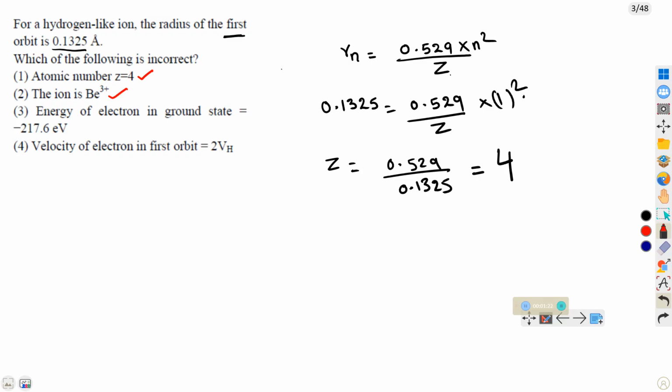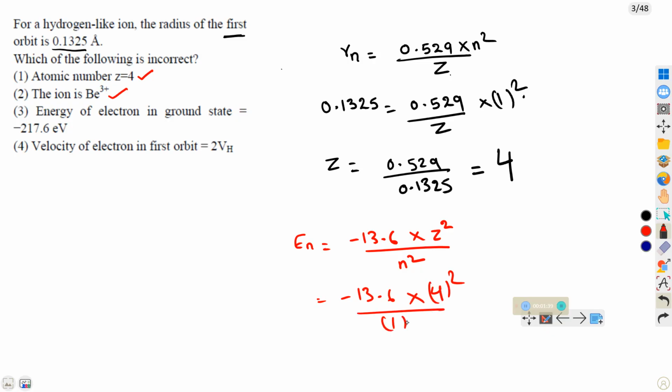Energy of the electron in the ground state. The energy of the nth orbit formula is minus 13.6 into Z square by n square. Minus 13.6 into the Z value 4, n value 1. Simplify: minus 217.6 electron volts.